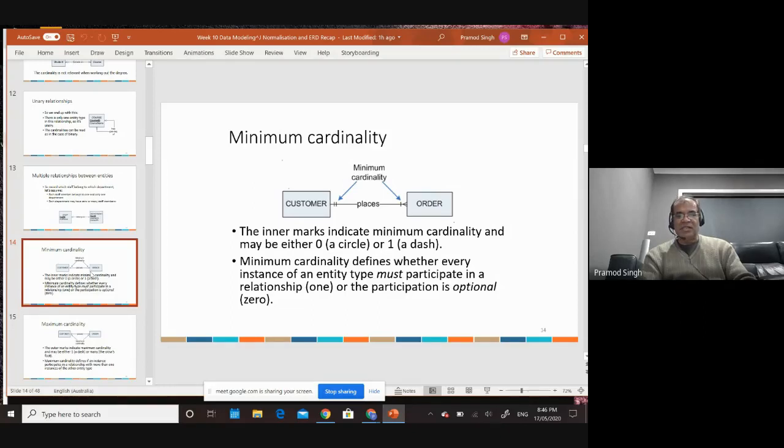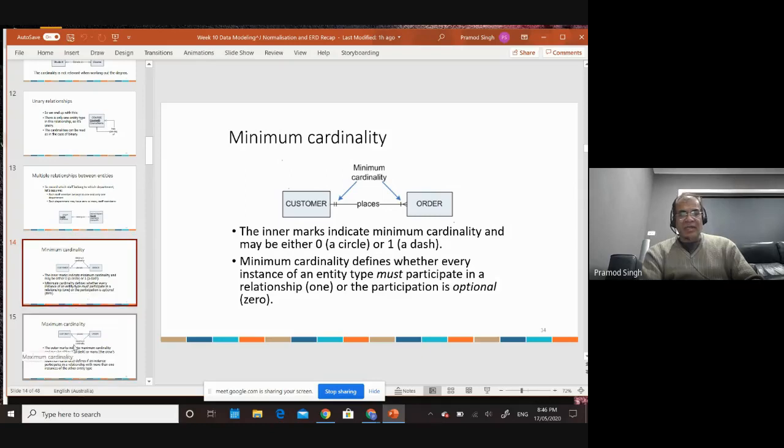The inner cardinality, called the minimum cardinality, can be defined as either 0 or 1. In this case, on both the customer side and order side, 1 is shown. So one customer can have at least one order, and one order should have at least one customer. That's the minimum cardinality given here.